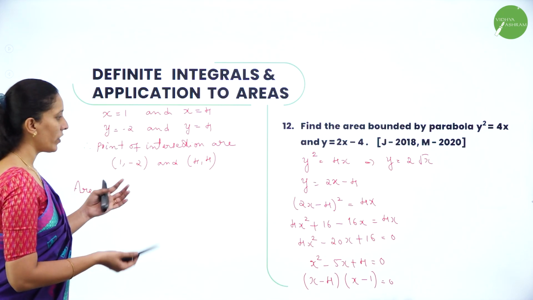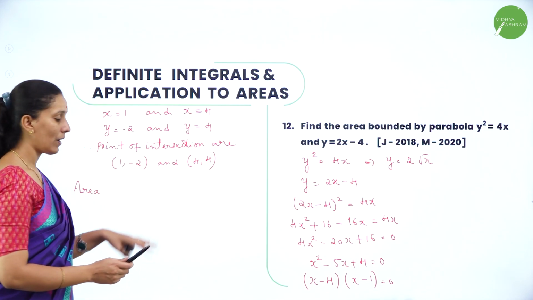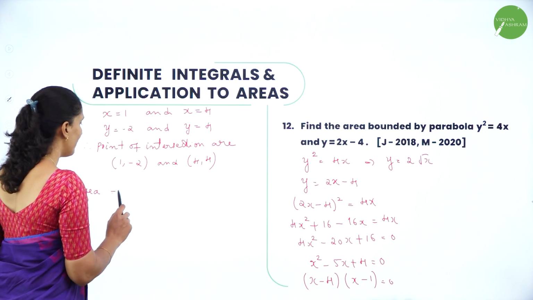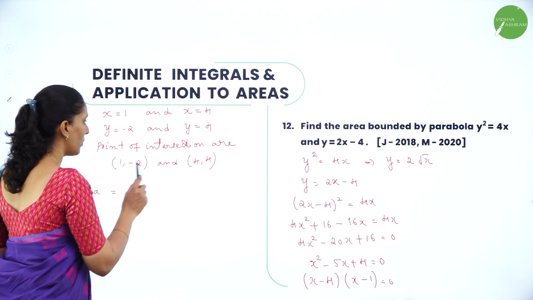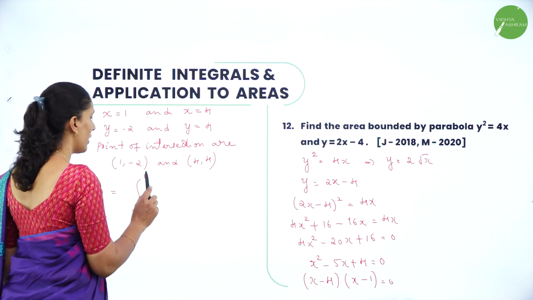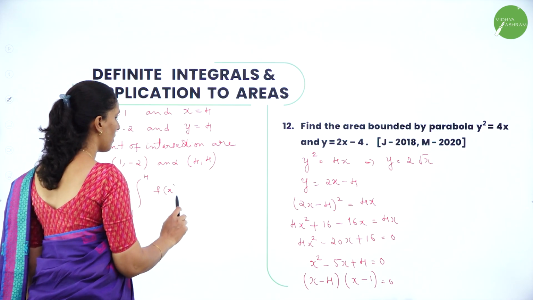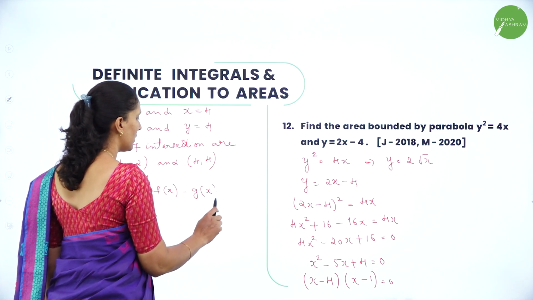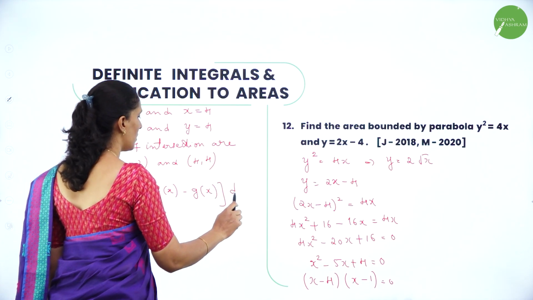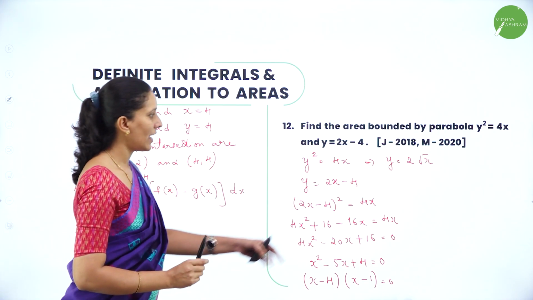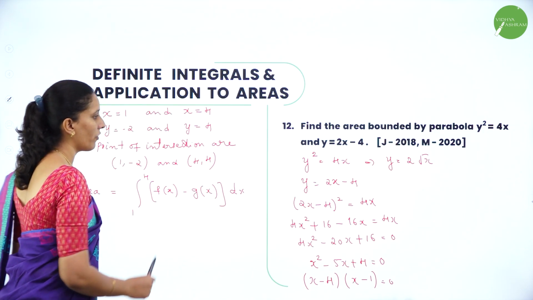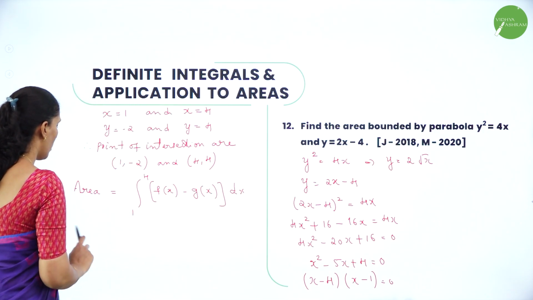I will just show you how we can write the area in terms of x as well as y. If you have x coordinates, then you can take it from 1 to 4, f of x minus g of x into dx. So, here you will take f of x as 2 root x and g of x as 2x minus 4.